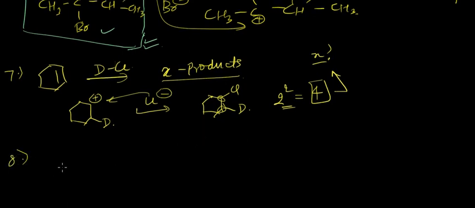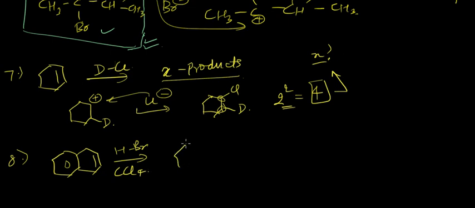Okay, now let's see another example. We have this. If we react it with HBr in presence of CCl4, we will have a carbocation here, and one thing here is, if we have the carbocation at this place, then it can actually undergo resonating structures.